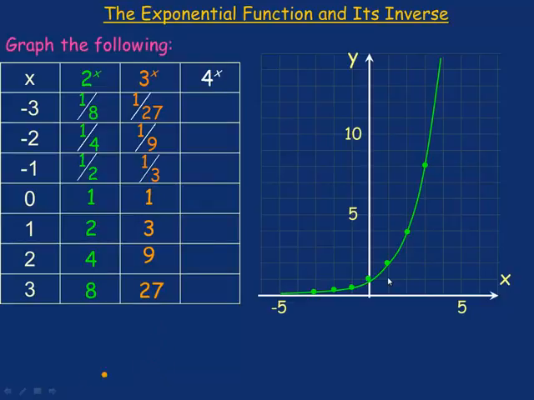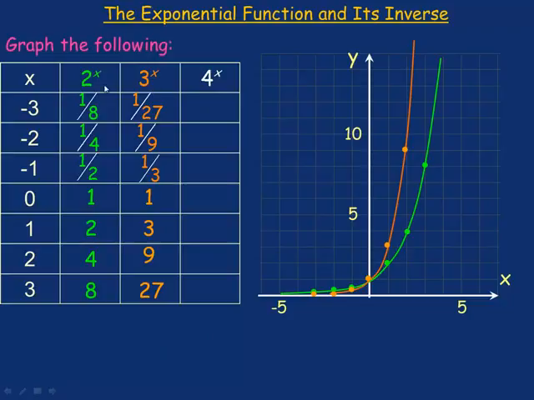And so we can plot those points. Now we can't actually plot 3, 27 because 27 is off the top of the graph. So basically draw a smooth curve between them, and that's what y equals 3 to the x looks like.